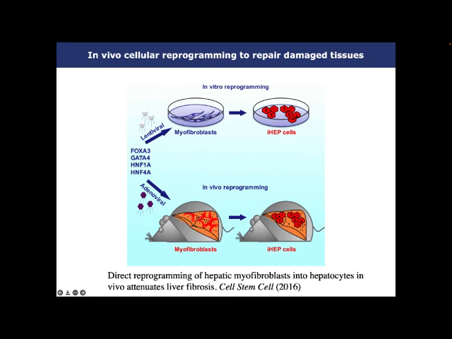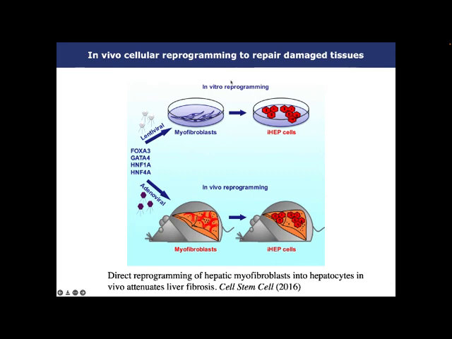And if adenovirus is delivered toward these myofibroblasts with transcription factor overexpression, such as FOXA3, GATA4, HNF1A, and HNF4A, the myofibroblasts can be converted in vivo into induced hepatocyte cells, hepatic epithelial cells, and that diminishes the amount of fibrosis inside the liver, which is therapeutically beneficial for liver disorders.